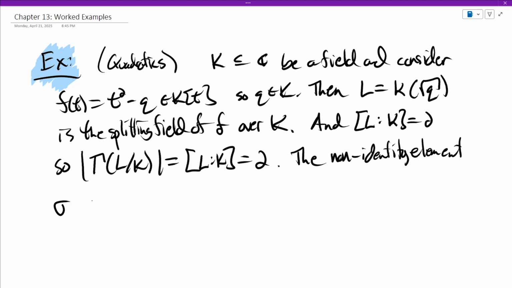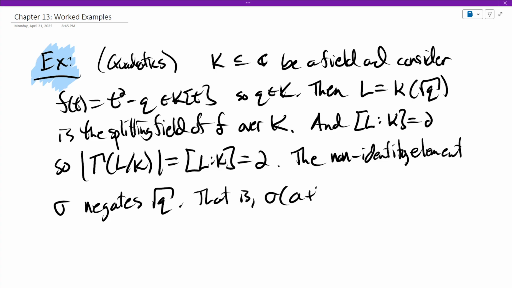Let's call it sigma, negates the square root of q in this setup. Sigma of a plus b root q will be, of course, a minus b root q.